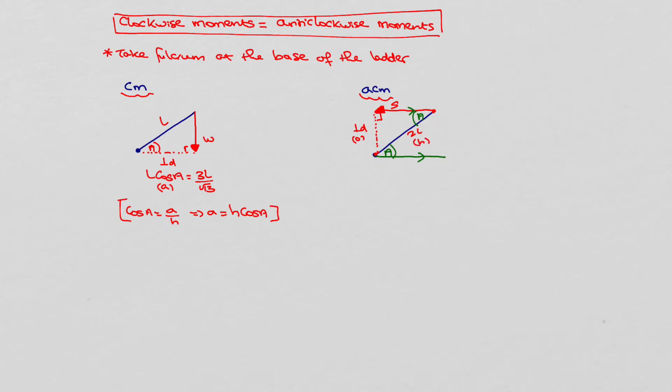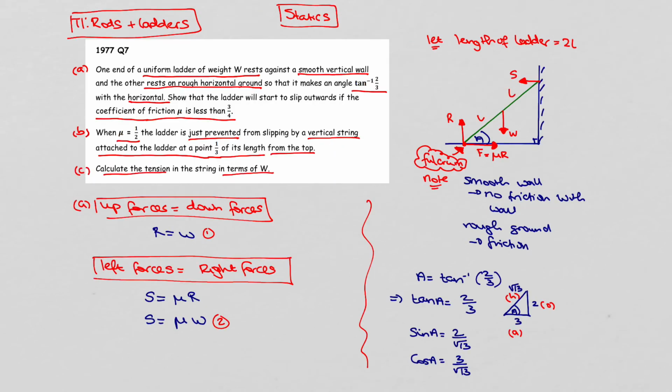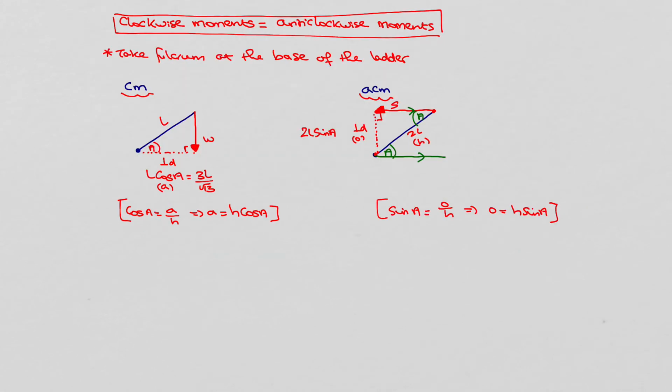So the perpendicular distance is going to be 2L sine A, because sine A is the opposite over the hypotenuse. Sine A we know is 2 over root 13, so we have 2L times 2 over root 13, which is 4L over root 13.